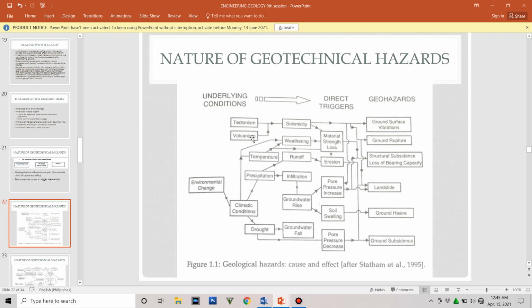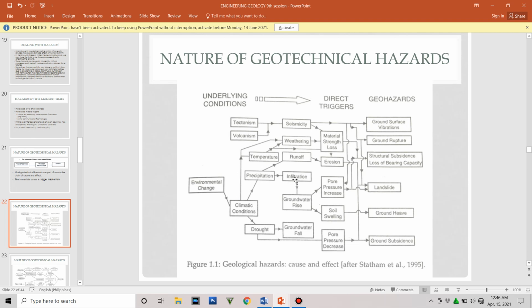the volcanism, tectonism, and then the environmental change will cause climatic conditions na magkakos ng drought. So, bababa yung groundwater. It will have a pressure decrease. So, lulubog yung lupa. And then, precipitation, because of climatic conditions, tataas yung rainfall.